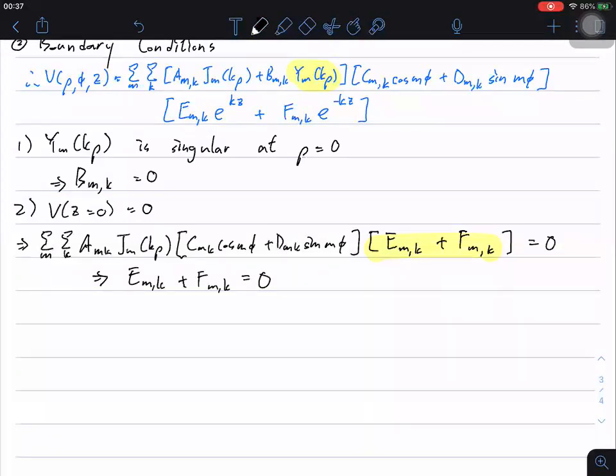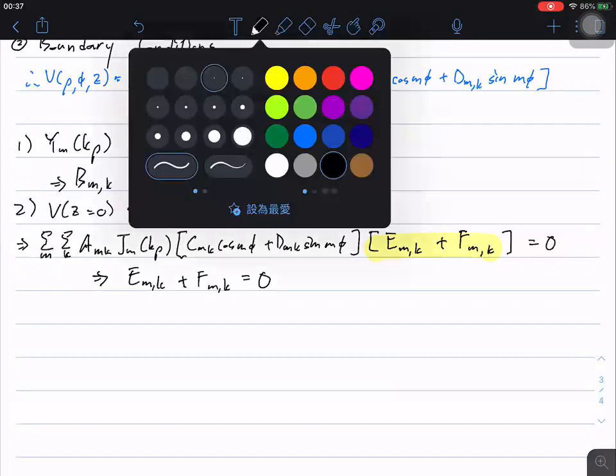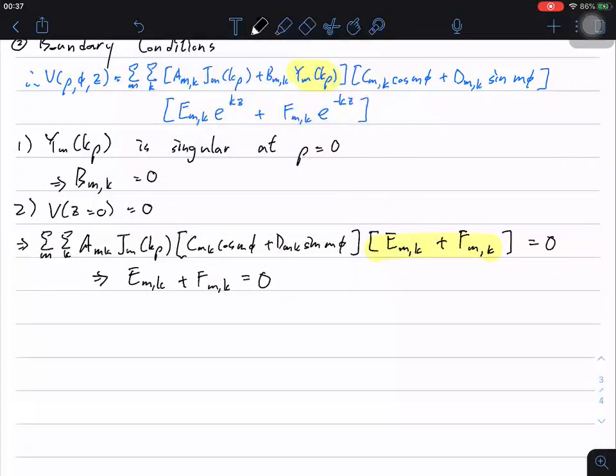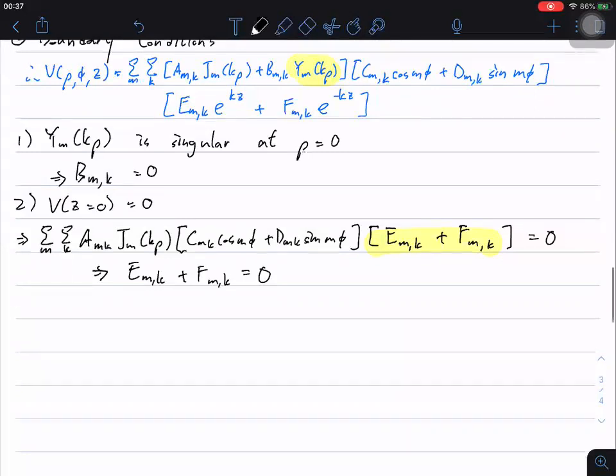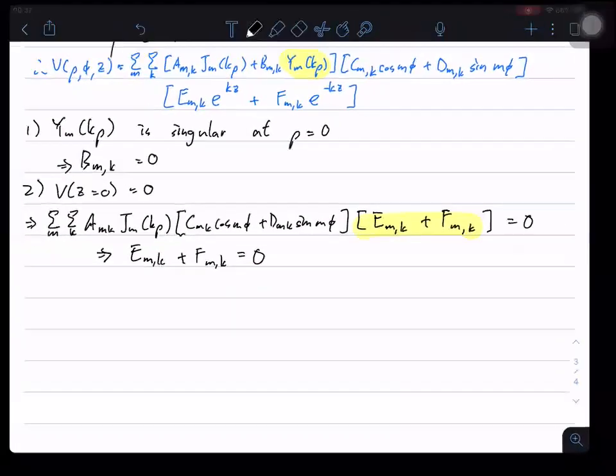Because the first part, the Bessel function and also the sine and cosine, are definitely not 0 for any rho and phi. So the only thing we can set to 0 is the last term. So we have E plus F equal to 0.